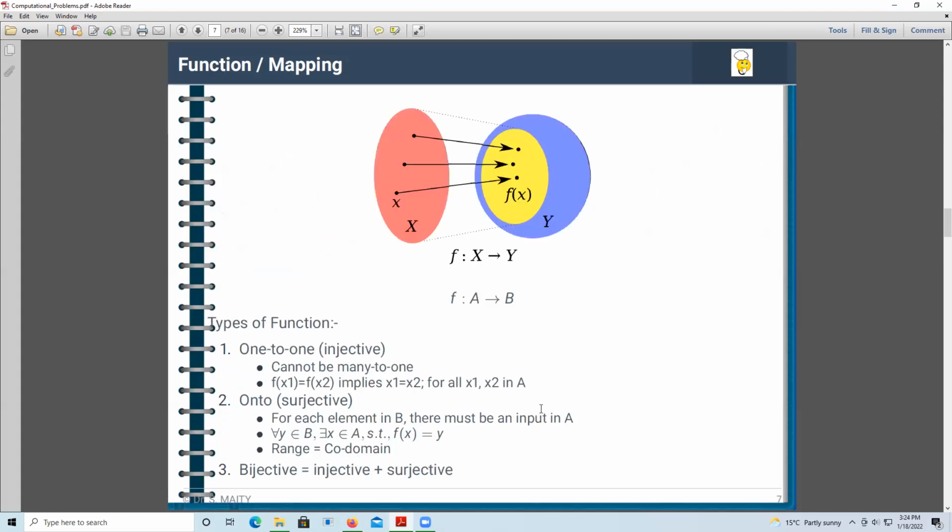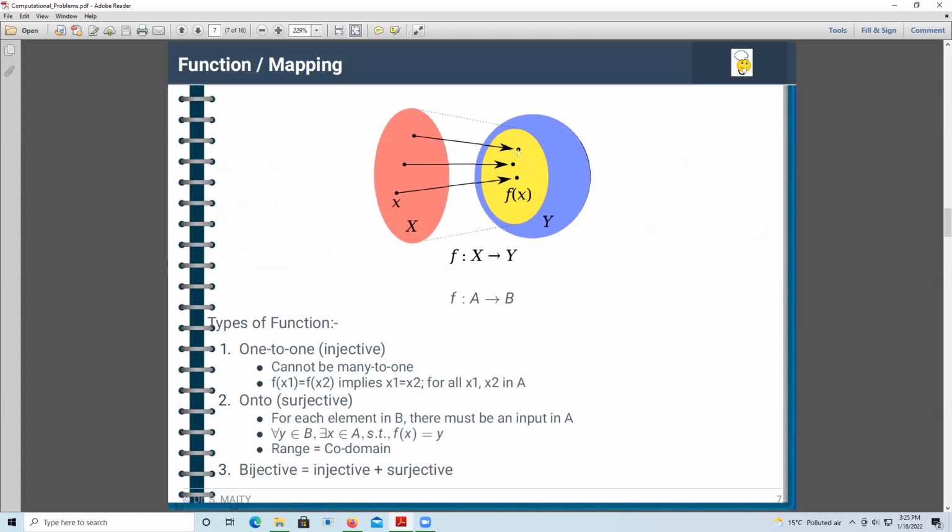Anyway, now coming to that part, range and codomain. If you take the image of the domain, I have already defined what is the image of a subset. Now the subset is the entire domain set. If you take the image of this entire domain, that means only the subset of the values of the codomain for which there is an input in the domain, then that is called the range.